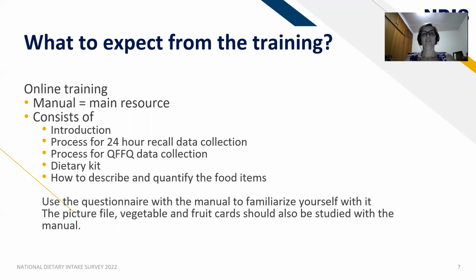So you can use your questionnaire with your manual, also to familiarize yourself with the questionnaire, because you will be using that. That is your main data collection tool. You've got your picture file and your vegetable and fruit cards, which are also very useful and must be studied with the manual. So it's important for you to know your tools that you are going to use.